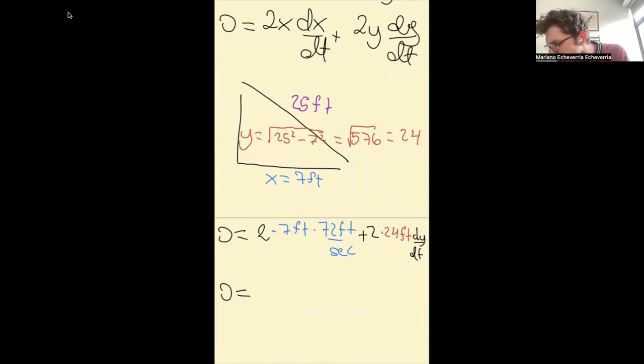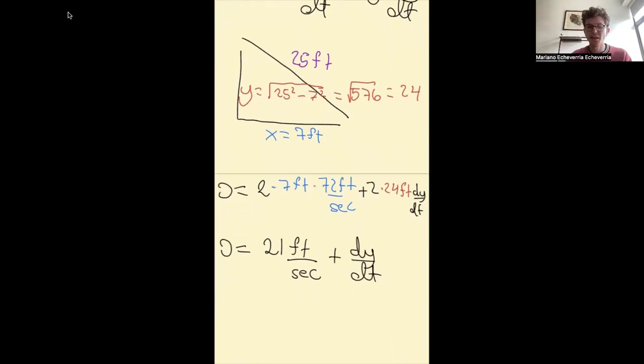Again, my point wouldn't be to have you spend too much time on simplifying these numbers, but you're right, 24 times 72 is 24 times 3, so you would get 21 feet squared per second, and you can also cancel some feet, dy/dt. Yeah, so I'm dividing by 48 on both sides of the equation, basically, to get that.